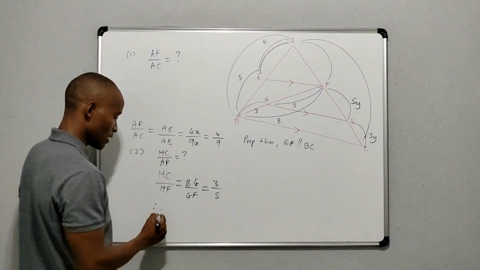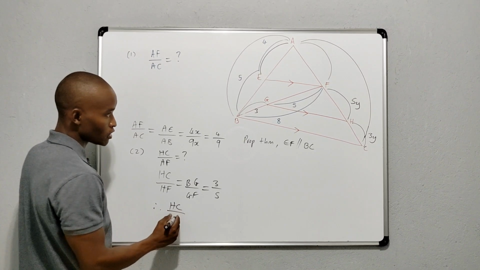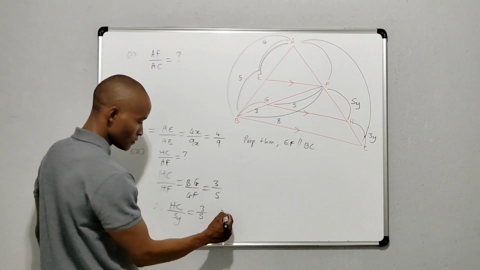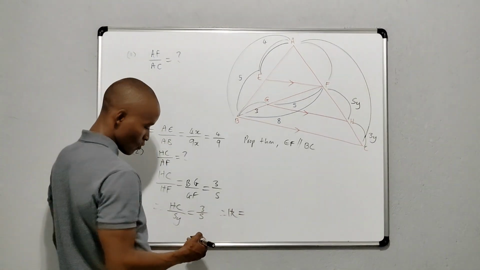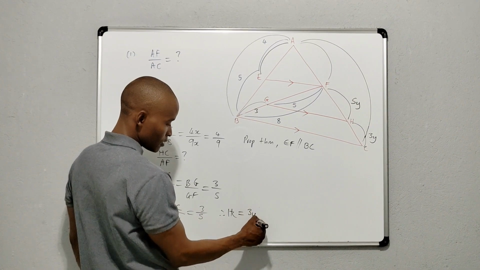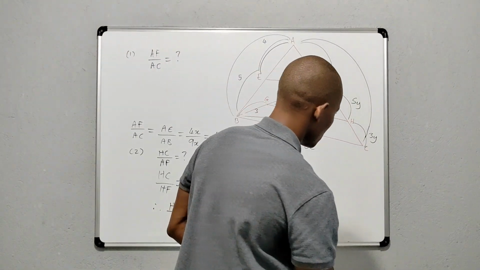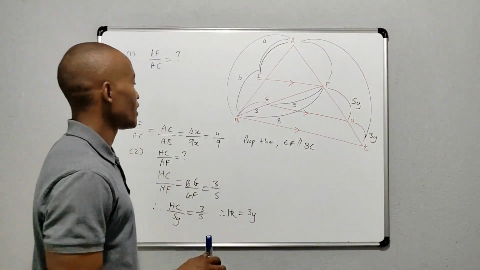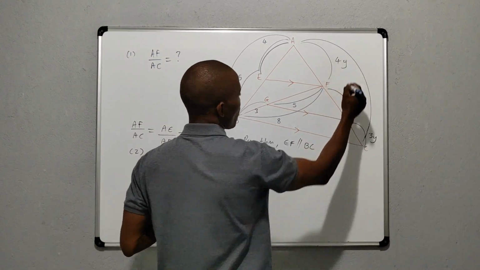we can find HC over HF, which is 5y, is equal to 3 over 5, and therefore HC, when you multiply both sides by 5y, you get 3y. So we have HC is 3y, and AF, we had it from the previous question, is 4y.